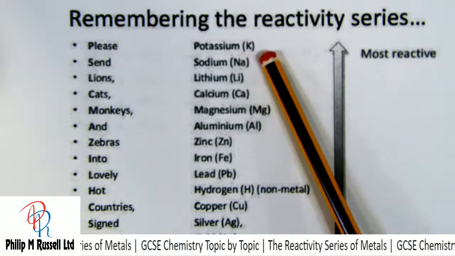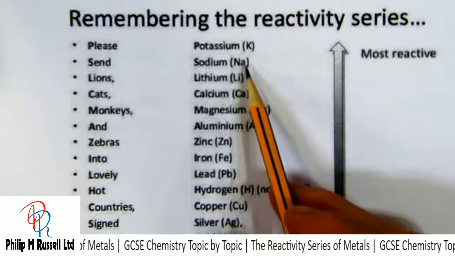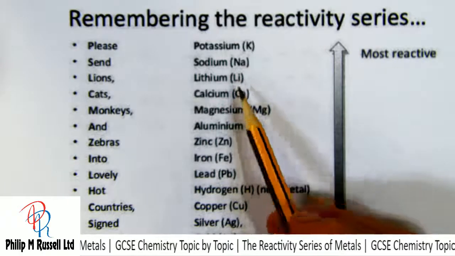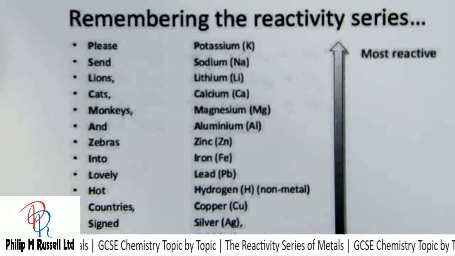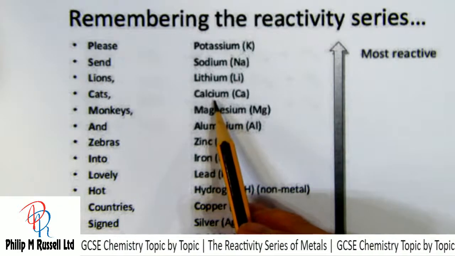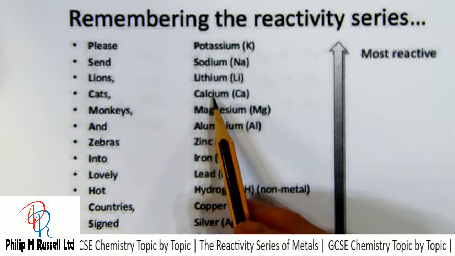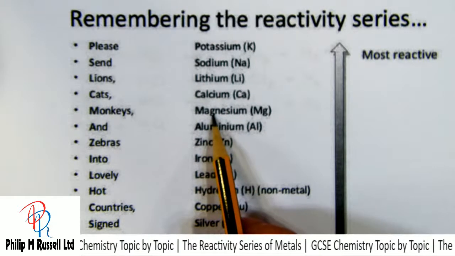And having done reactions of these, then we can see that sodium we knew was the next most reactive, and lithium, just by doing tests with the water. Then we've got calcium, and then we have magnesium.